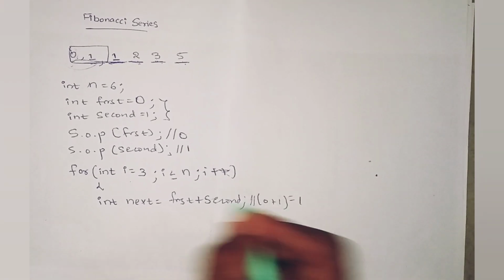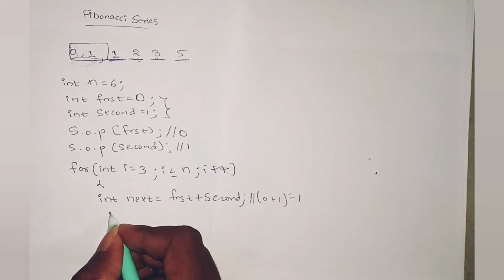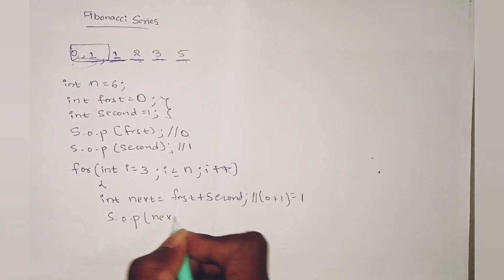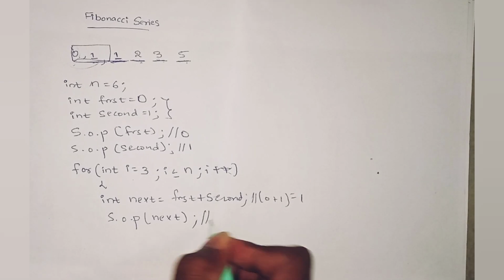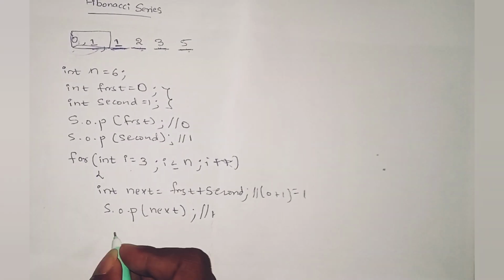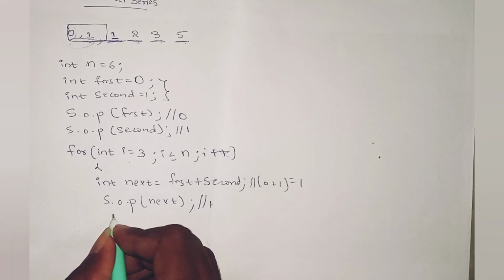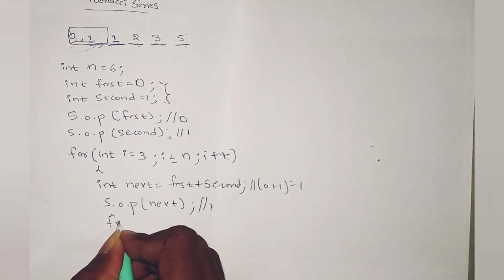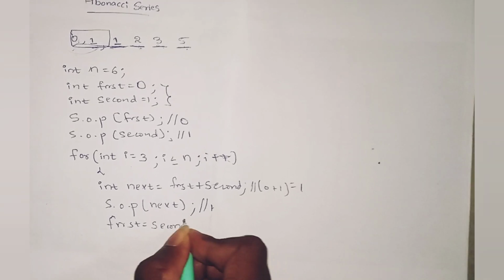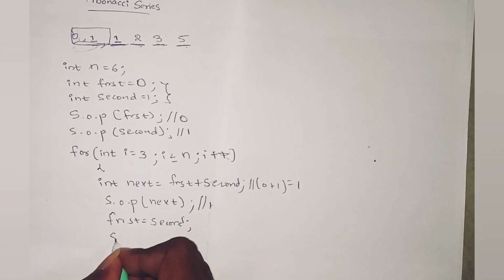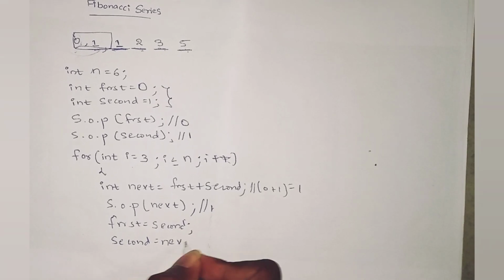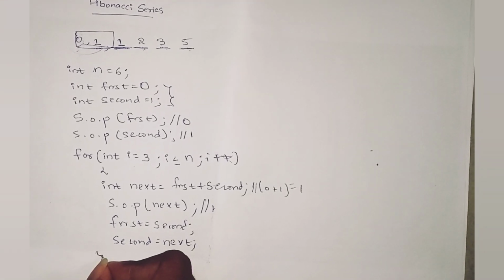This 1 will get stored into next, and if you try to print it with System.out.println(next), it gives you the value 1. Next we need to store first is equal to second, and second is equal to next, and we need to close the for loop.